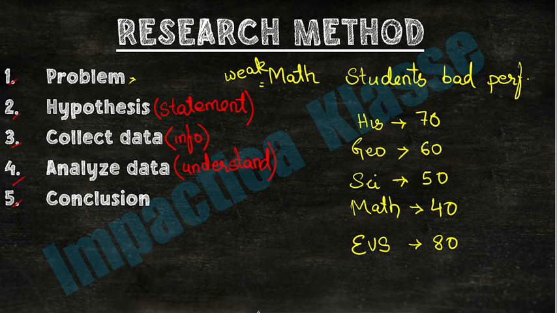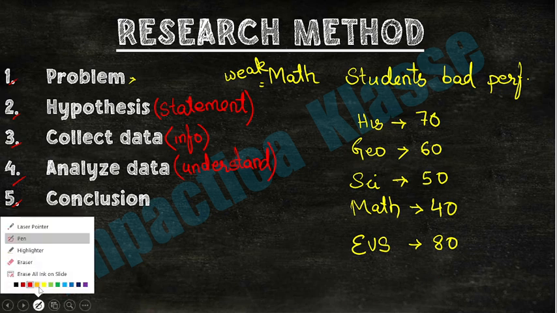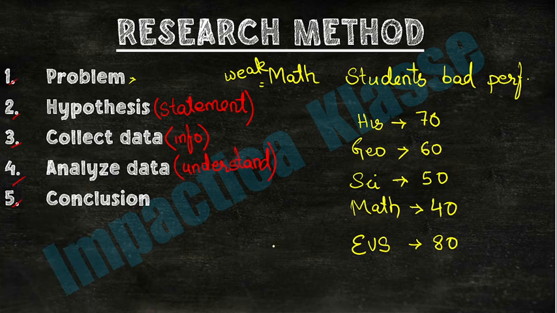Here you can clearly see that the biggest problem the students are having is in the subject of mathematics. You will analyze this data and find out the result, and from the result it is very clear that the biggest problem the students are having is in mathematics.